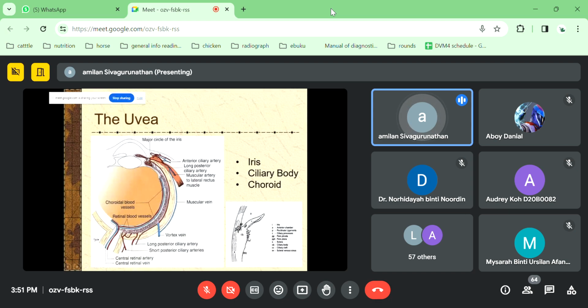This is the ciliary body, and that's the sinus. And that's where the outflow of fluid exits from the globe. The choroid is this area, and this supplies the corneal aspect of the globe, including the retina and so forth.